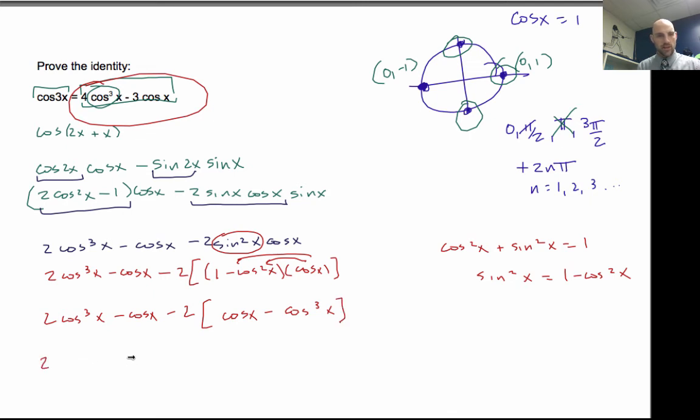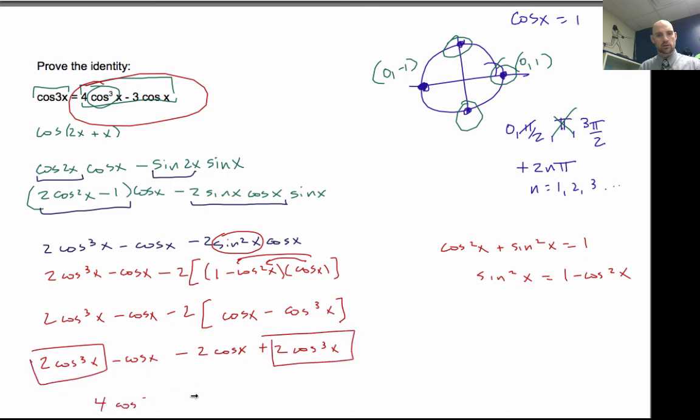And then I'm going to distribute the 2, minus 2 cosine x, plus, so this is minus, so it'd be minus 2 times, so plus 2 cosine cubed x. Combine like terms. So here's 2 cosine cubed, here's 2 cosine cubed, so I have 4 cosine cubed x, and then minus 3 cosine x. And that's what I want it to be equal to, right?